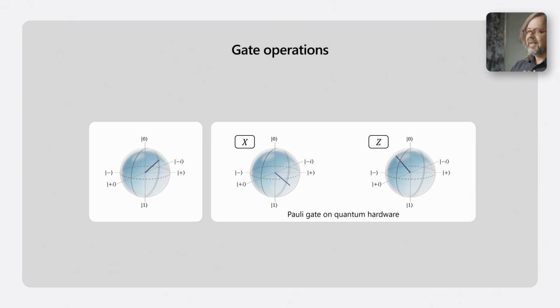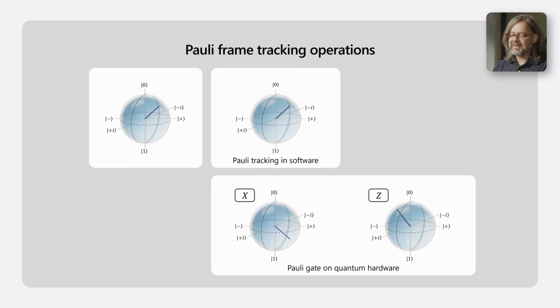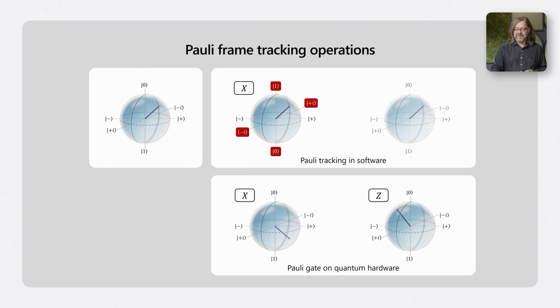So I can either apply these gates to my qubits, or I can do what is called Pauli frame tracking. There I simply swap the labels. I just keep track that I've swapped 0 and 1 in software, or simply keep track that I've swapped plus and minus in software. I don't have to actually touch the qubit. I don't have to update the state of the qubit.